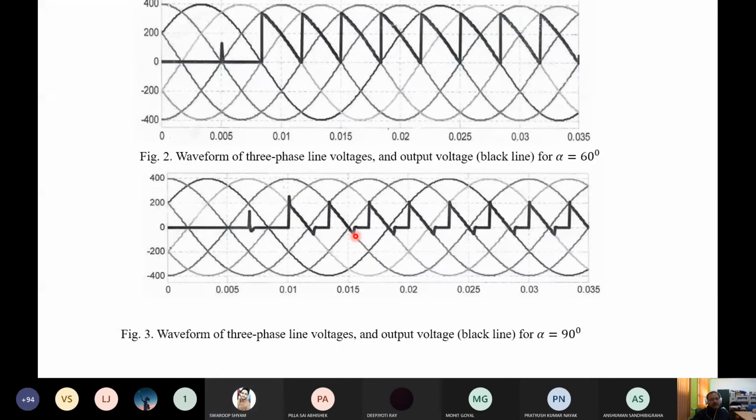In simulation, we have put a small inductor actually. If it is a bigger inductor, what will happen? More negative will come. So, sir, this small negative is coming because of RL load. Yes, you are correct, because of RL load.